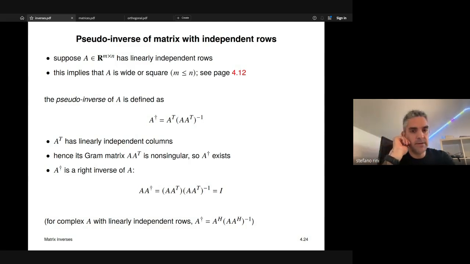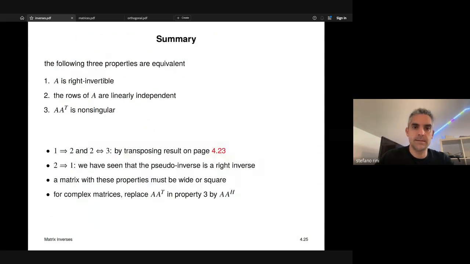And we figured out that we can define, instead of an exact inverse, a pseudo-inverse, and the pseudo-inverse satisfies only half of the requirement for being an invertible matrix. When a matrix is invertible, the left inverse is equal to the right inverse. In this case, we were just happy with having either a left inverse or a right inverse. So you have to pick one side, whether you have a tall matrix or a wide matrix.